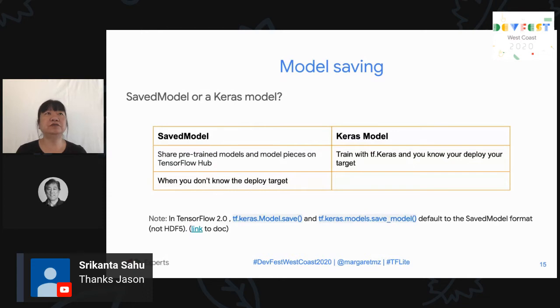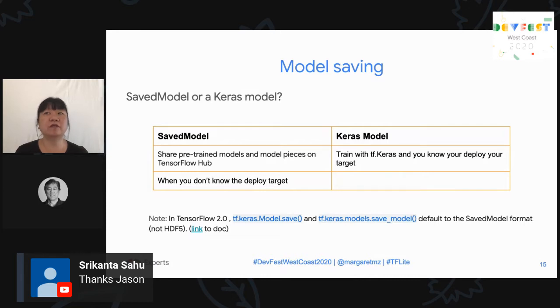Once you train the model, it's just a simple example. I didn't really show the training code there, but once you train it, you can save the model to either the SavedModel or the Keras model format. In TensorFlow 2.0, the saving methods actually default to the SavedModel format, not the Keras model format.